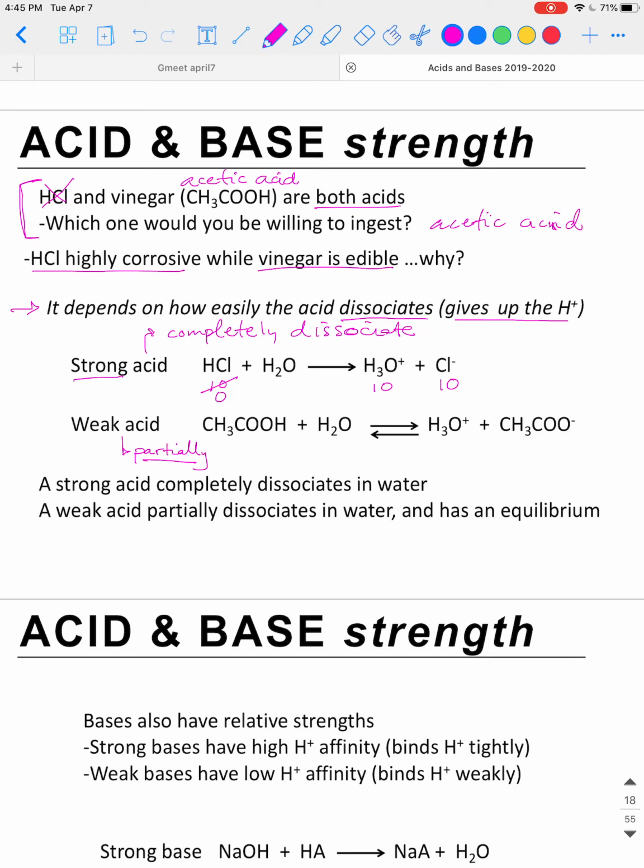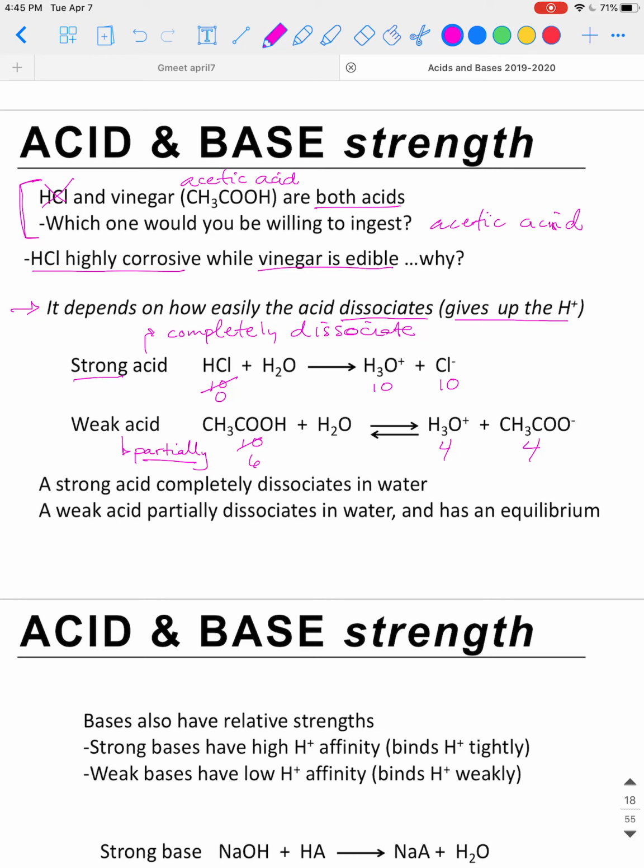So if we started out with, let's say, 10 molecules of acetic acid and it partially disassociates, we don't know exactly how many, but if it's a pretty weak acid, then maybe we'll end up with 4 molecules of acetate anion, 4 molecules of the hydronium ion, and we would still have 6 molecules of acetic acid left over, only 4 disassociated. Okay, that's what we mean by partially. Some molecules of acetic acid did not disassociate.